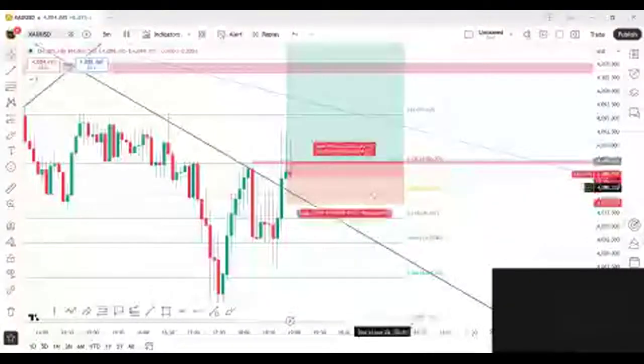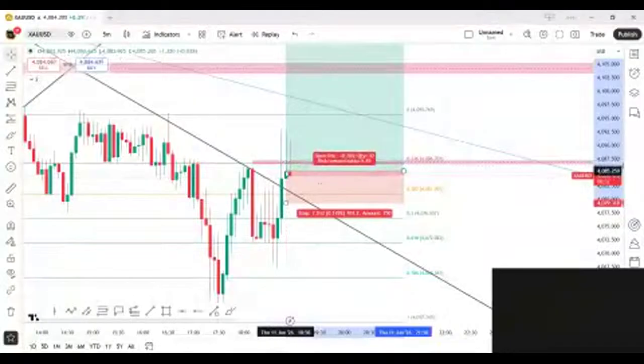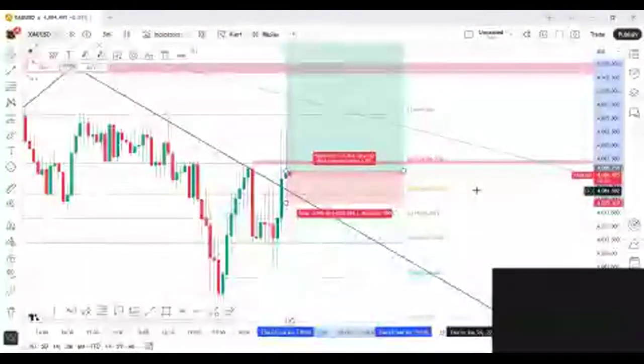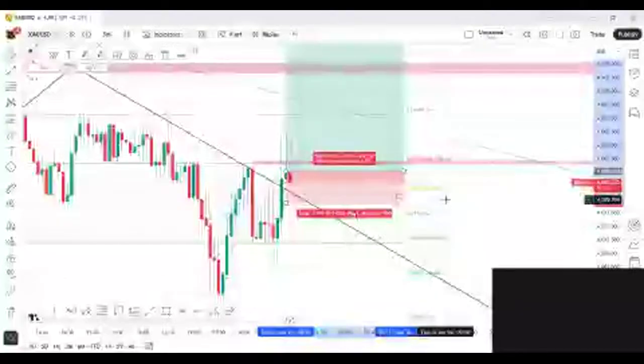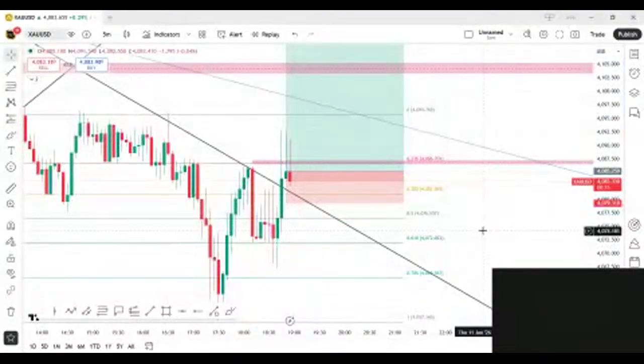Overall the entries are approximately triggered. The 4084 entry, all four entries have been triggered.